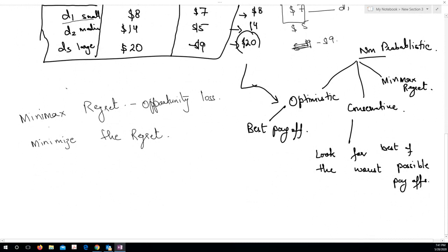The formula to find regret for ij, where i is the row and j is the column, is the absolute value of the payoff difference. So it's like taking a difference and then taking the modulus, which makes it positive. I will explain this in a few steps.